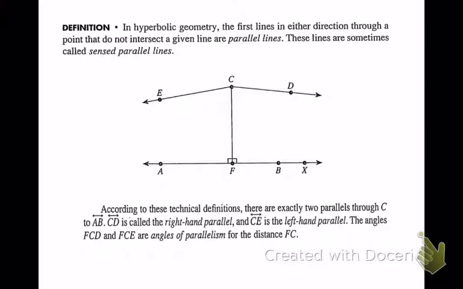According to these technical definitions, there are exactly two parallels through C to AB. Right? There's a right-hand parallel and a left-hand parallel. CD is the right-hand parallel, and CE is the left-hand parallel.